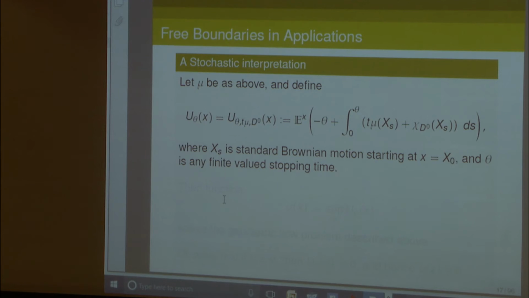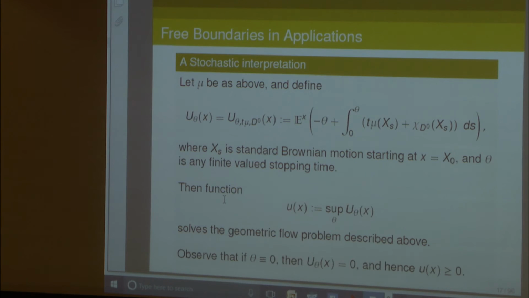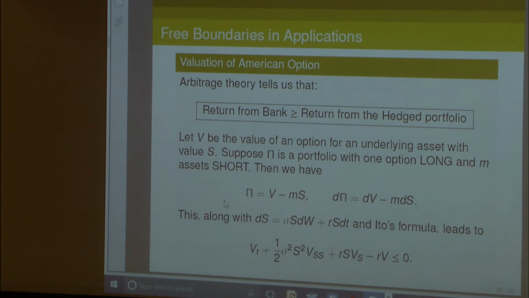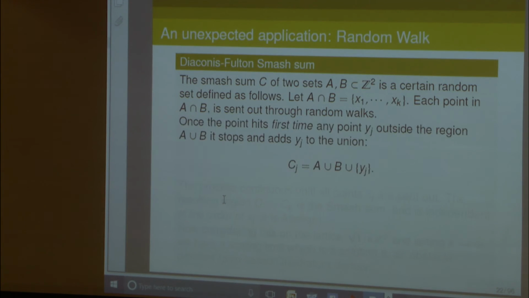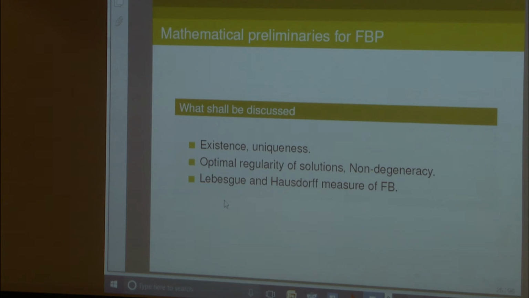And a little bit of connections to stochastics, which we didn't go much deeper into, but there's a lot of development in this. So let me go further fast from the applications to mathematical theory.